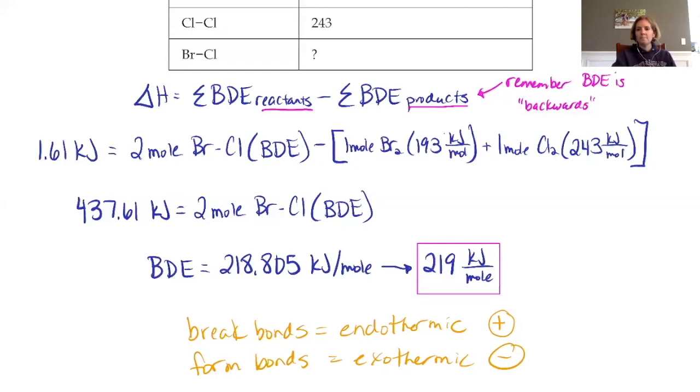Okay. Questions? Why is it backwards? It's backwards from what you're used to looking at in order to make the signs turn out properly. Because bond dissociation energy is how much energy you have to put in to break the bond, right? And when you're making products, you're actually forming bonds, not breaking bonds.